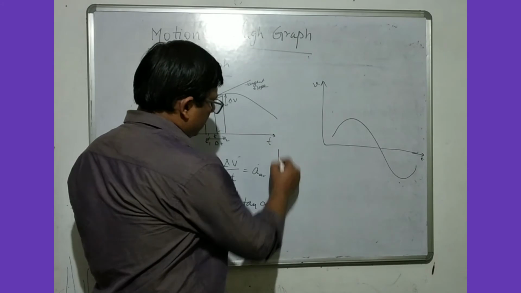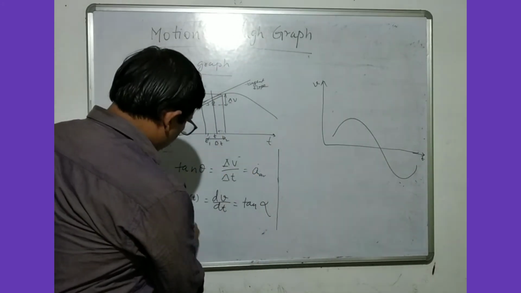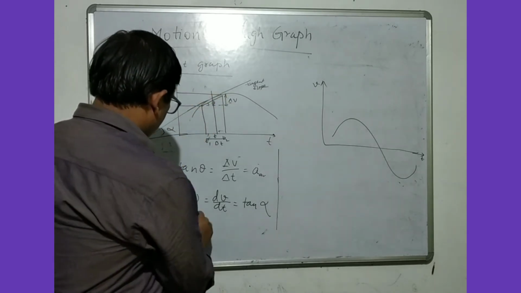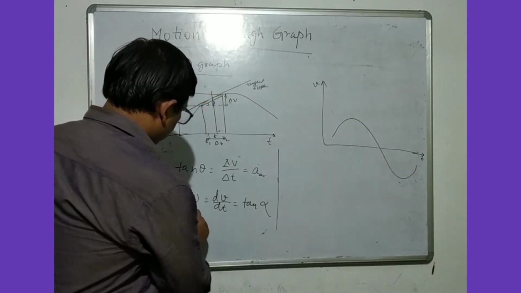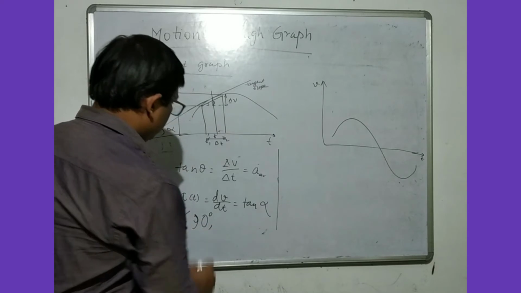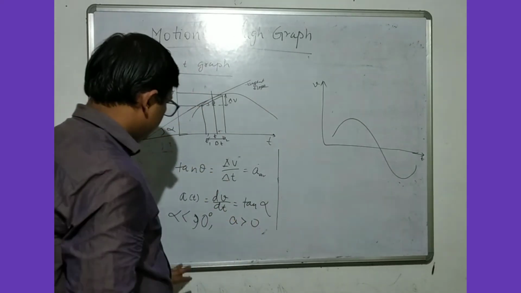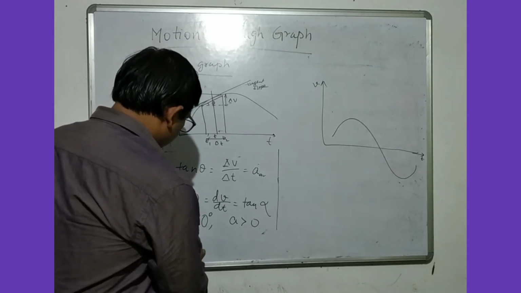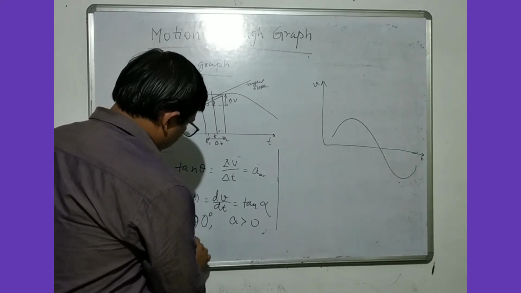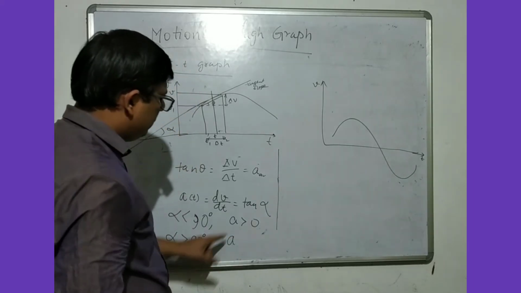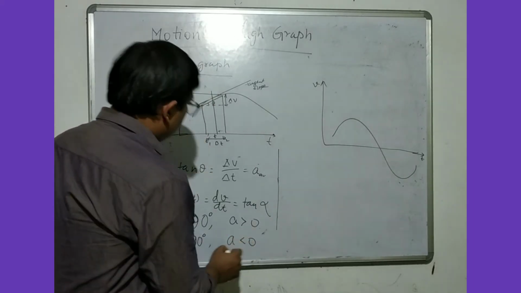Now there are situations when alpha is greater than 0. In this situation, alpha is less than 90 degrees, tan alpha will be positive, and acceleration will be positive. When alpha is greater than 90 degrees, the acceleration will be less than 0.